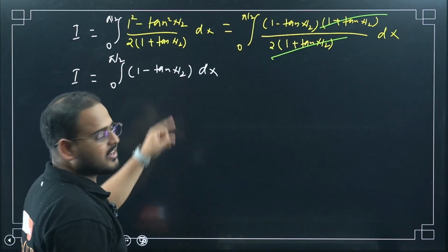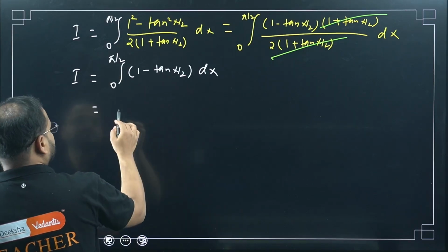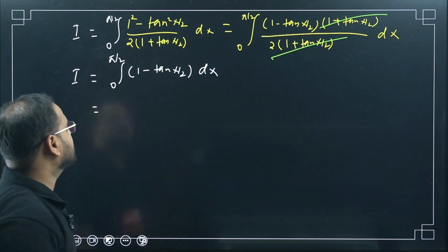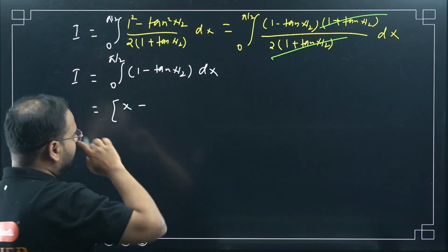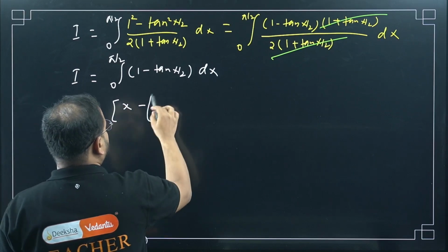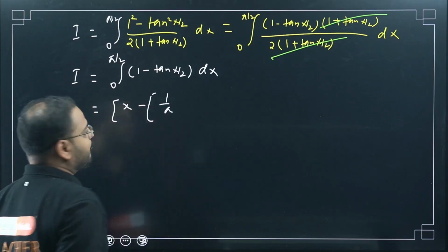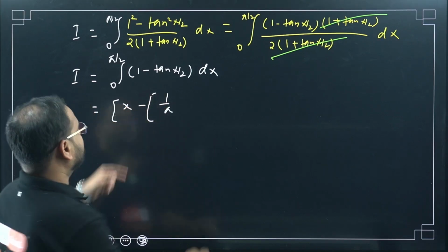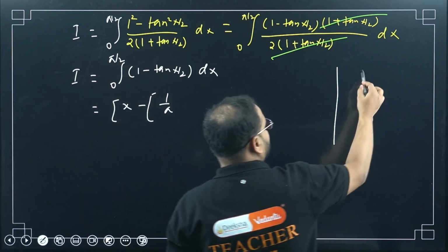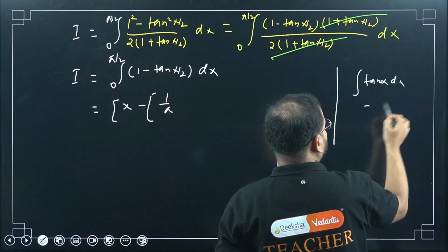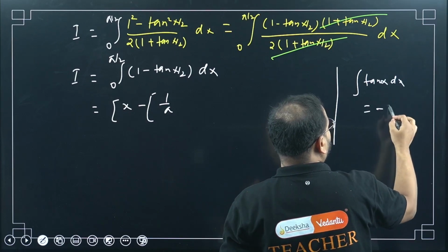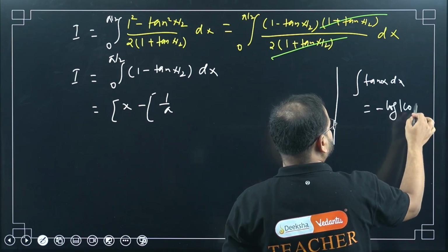I can separate this integration. What am I going to get over here? I'll get simply x minus, for the integration of tan x by 2, I use 1 by a. Remember this? The integral of tan x is minus log of cos x.